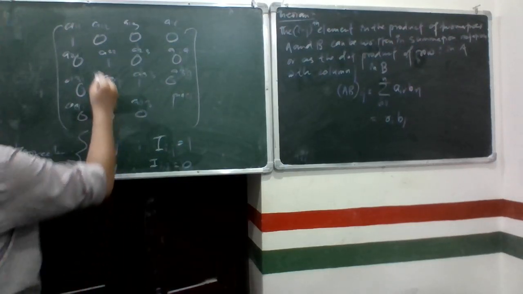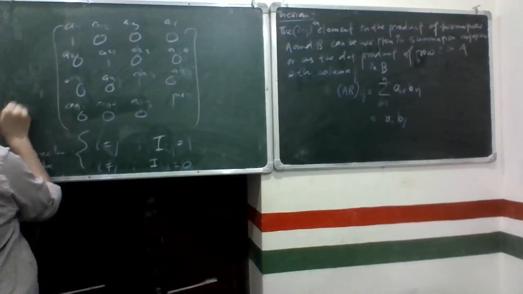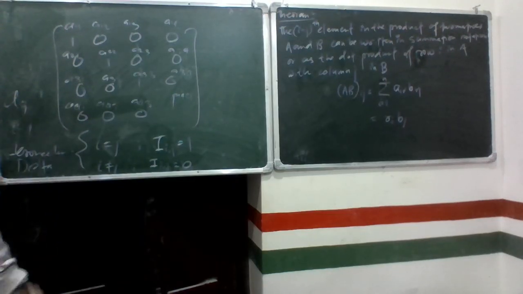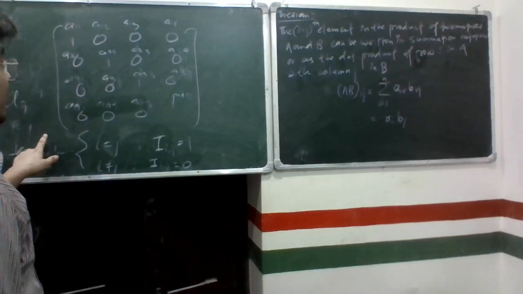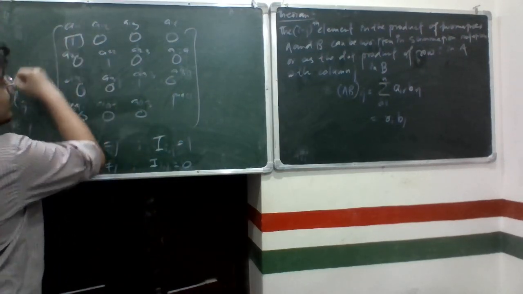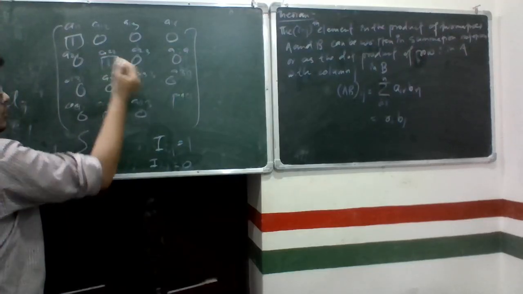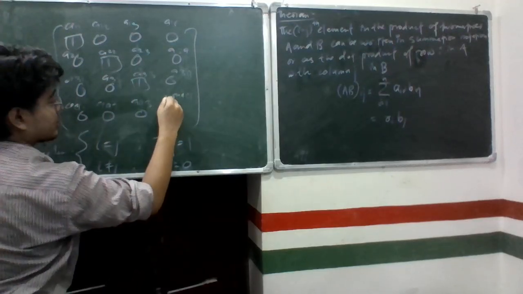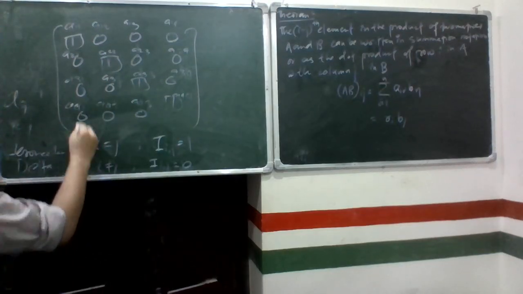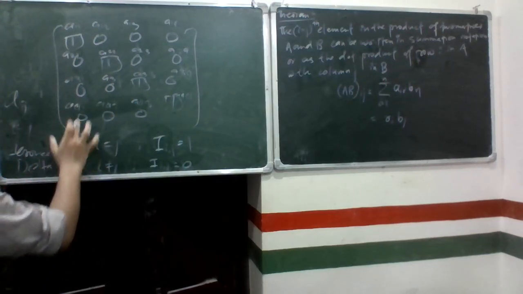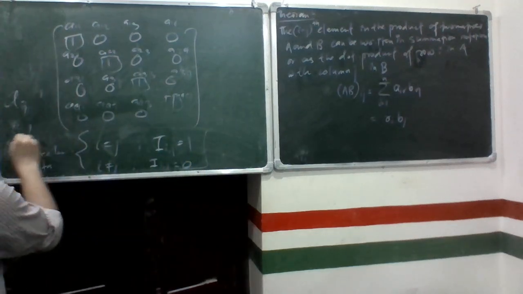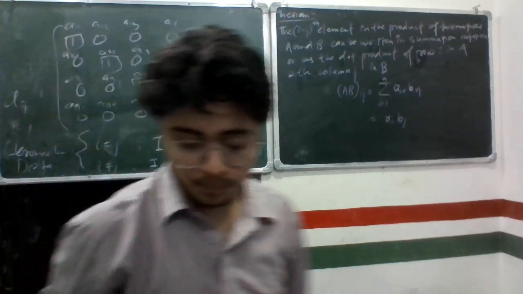So if I consider Aij, and I am saying that only if i equals j, then it is 1. Let's check that. Yes, it's true. 2, 2, it's true. 3, 3, it's true. 4, 4, it's true. Others are not equal to each other, so others are 0. So this thing that I have said by using Kronecker delta seems to be true.